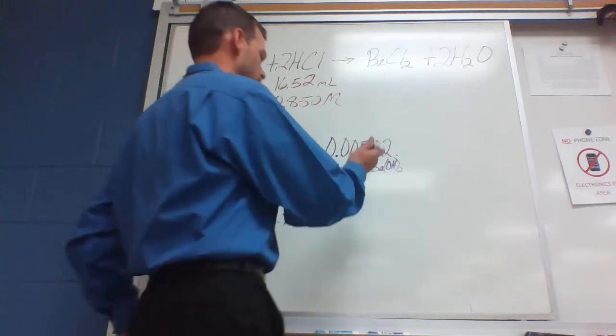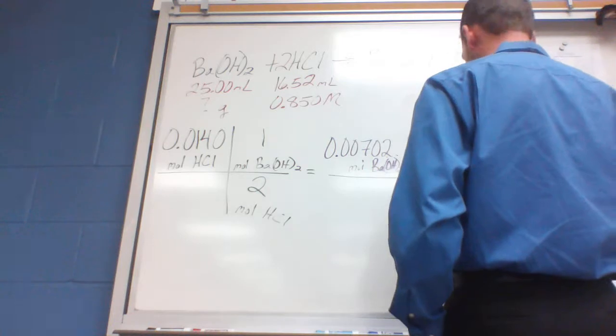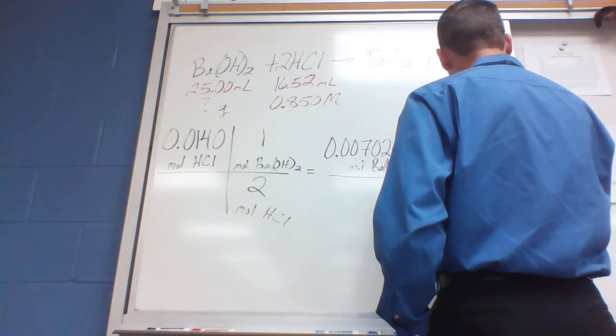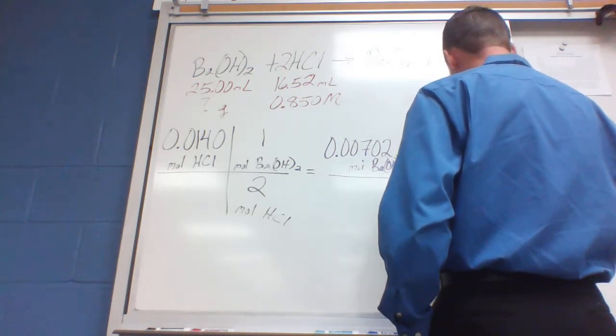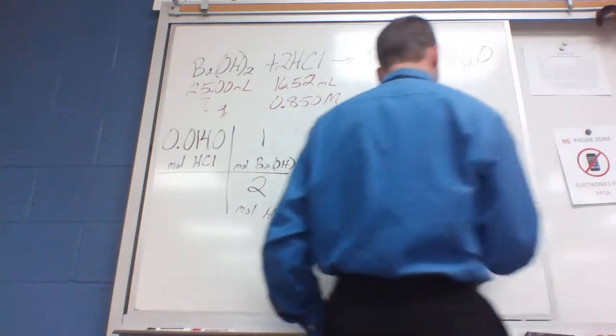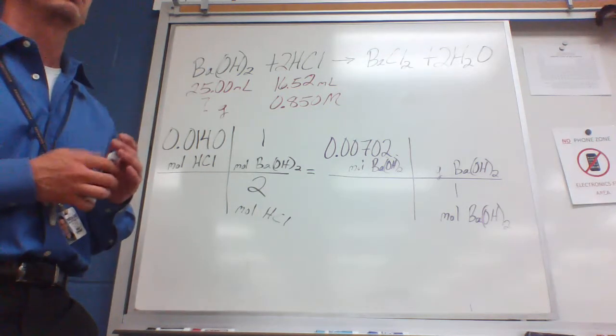Easy, right? We just want to convert to grams then. Moles to grams, been doing that for years. So let's go to grams of barium hydroxide from moles. We know that 1 mole is equal to periodic table grams.